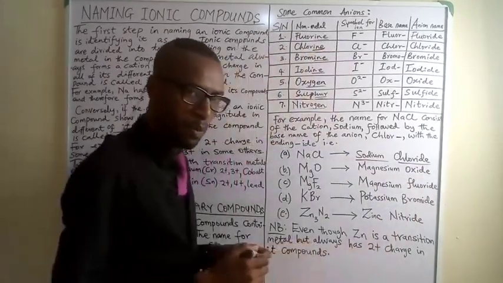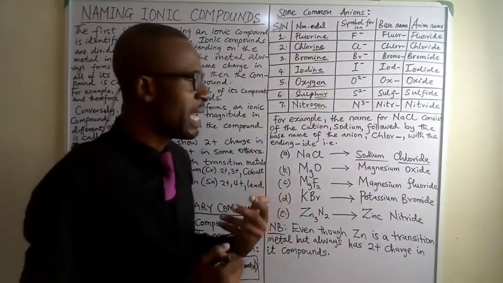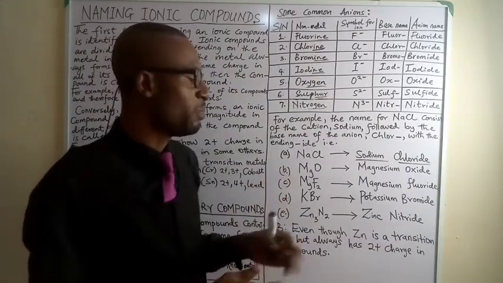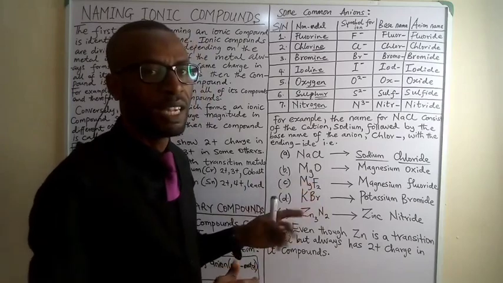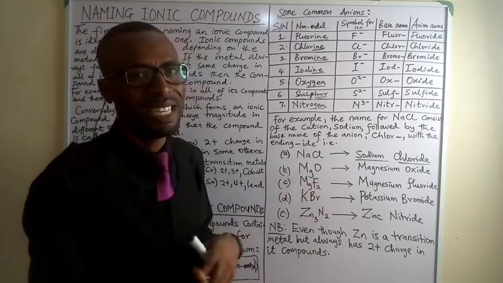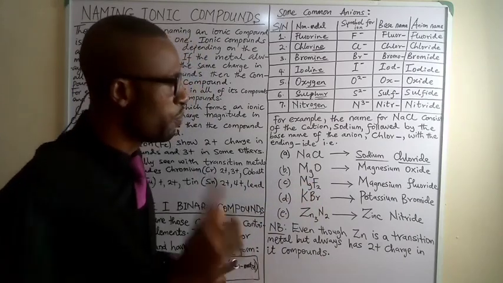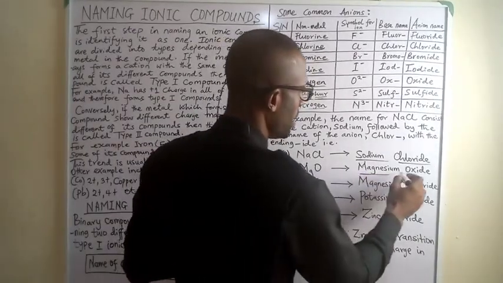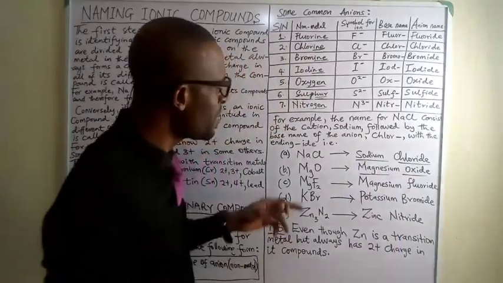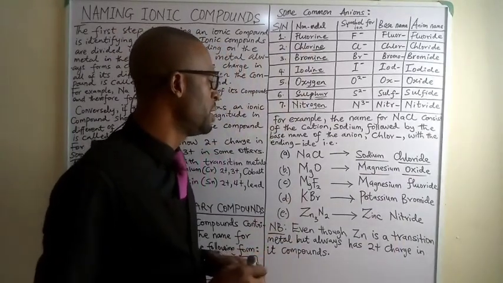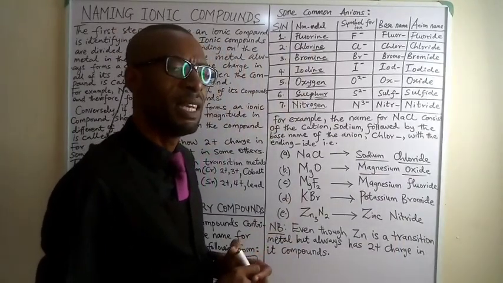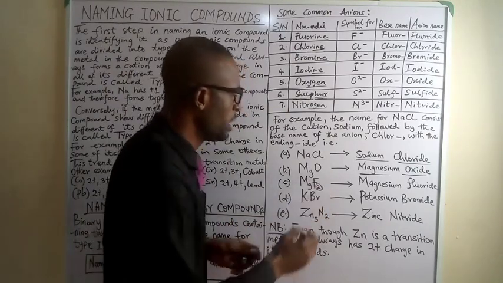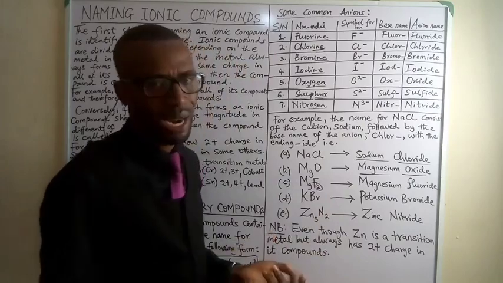You know, this is simple, but it starts becoming confusing for some students, especially once the atomicity of the different elements in that compound begins to increase or change, as the case may be. So pay attention to that. So here you have MgO, which is magnesium oxide. Very simple. But here you have MgF2. See, this is where students begin to have issues. Because of this atomicity of 2, they might be tempted to say difluoride.